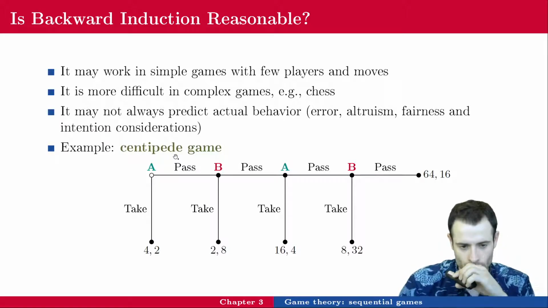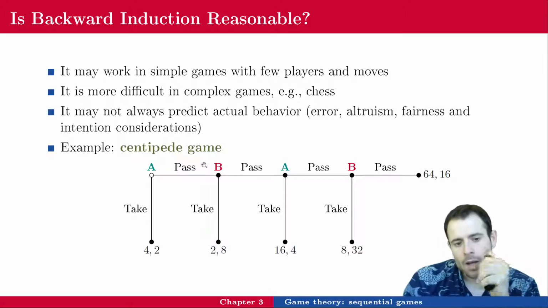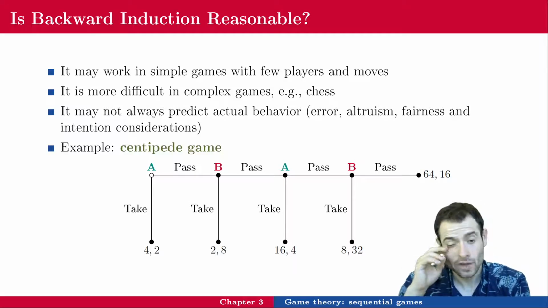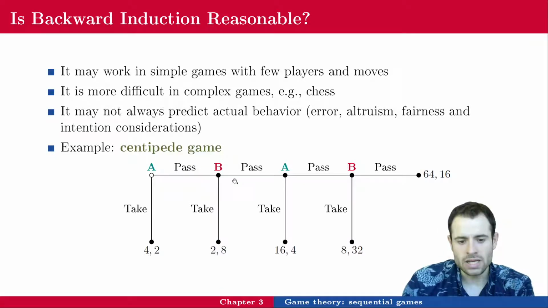So we have player A and player B. Player A starts the game. This is this hollow node, and can pass or take, whatever that means. It could be passing a ball or keeping the ball. If A keeps the ball, the game ends, and A gets a payoff of 4, B gets a payoff of 2.